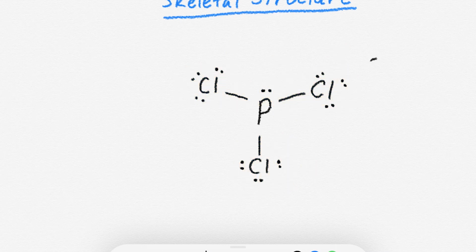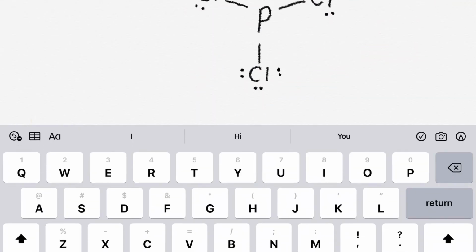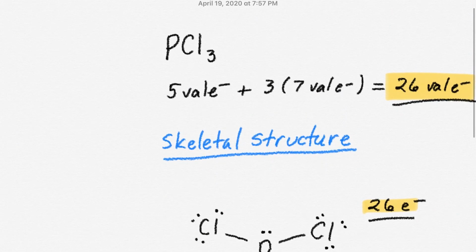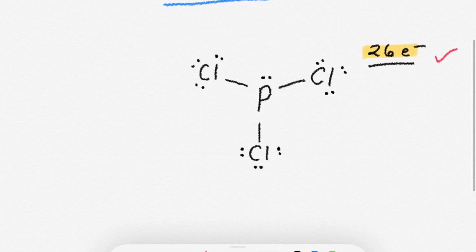So our structure has a total of 26 electrons. So the big question is this: how does this number compare to the total number of valence electrons we counted in step 1? Let's go find out. And you'll notice that the two right here, they equal, which means that our structure is good to move forward.